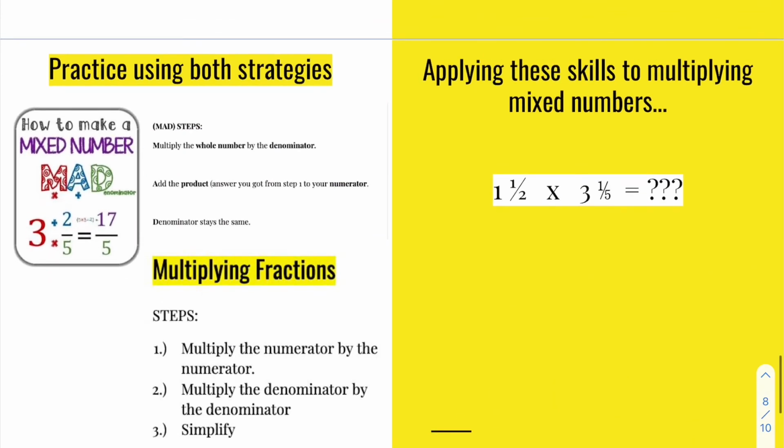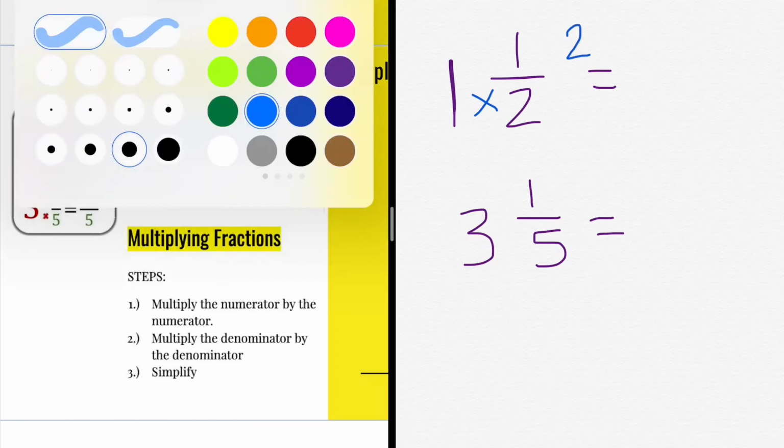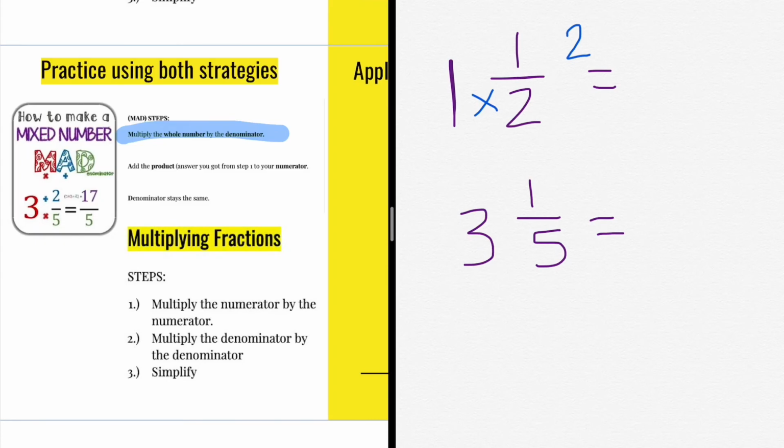Here is another practice. How do I change 1 1/2 to an improper fraction? Did you say to multiply the whole number and the denominator? Right. So I multiply my 1 times my 2. And that gives me a 2. Now what do I do? That's right.